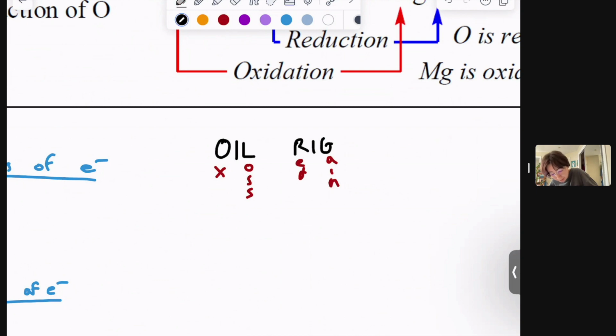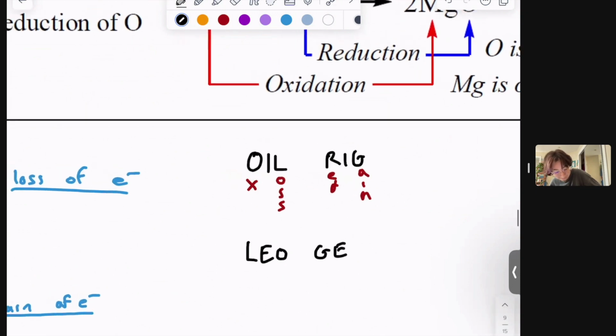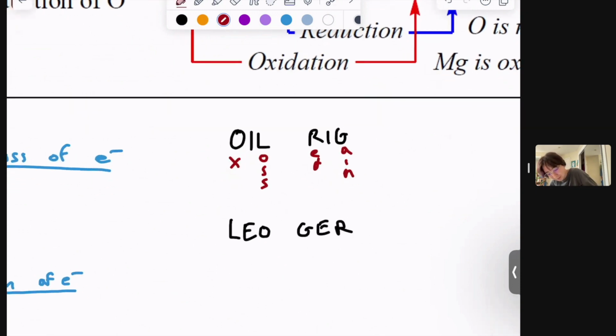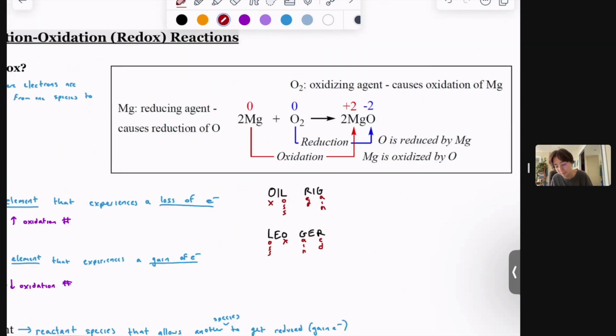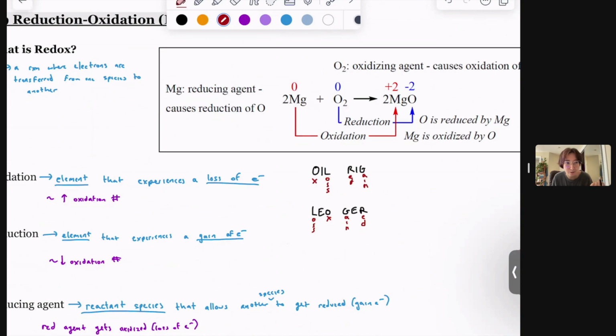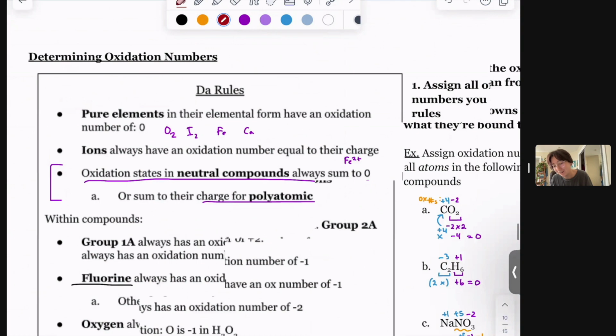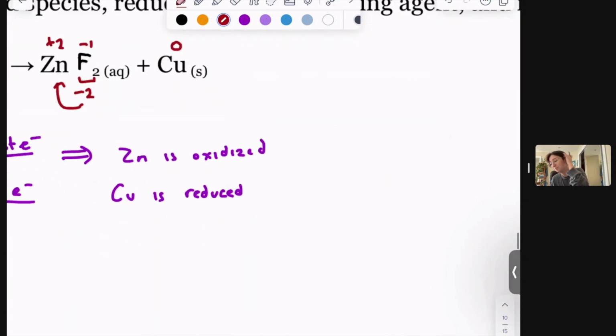Or if you prefer, some people like saying that Leo the lion says grr. Whichever you remember better. Same thing. So yeah, mnemonics for you. Totally meant to say that. So that can be a helpful reference to remember these guys. I always write out just oil rig every time I do a redox problem because I will forget. So you should just do that if you have any trouble remembering it.